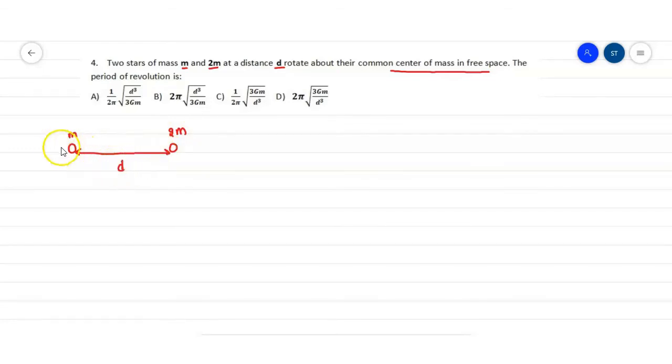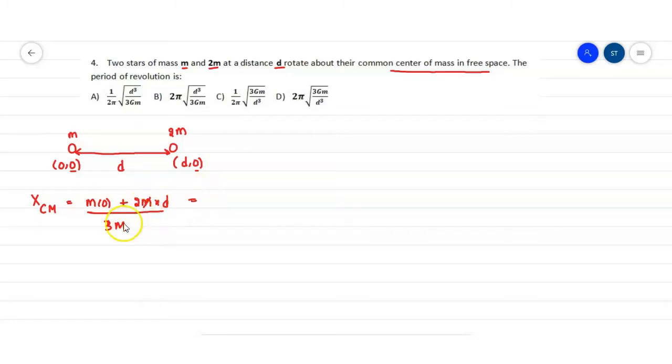First, let us locate the center of mass of this system. Let us take this first star as origin. Then the coordinates of the second star will become d, 0. So the y coordinate will be 0 here. If we calculate the x coordinate of the center of mass, this will be m1 x1 plus m2 x2 upon m1 plus m2, which will be 3m.